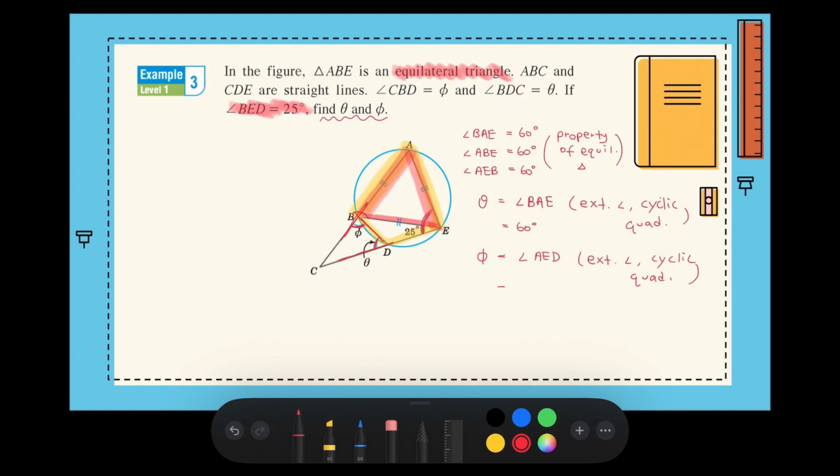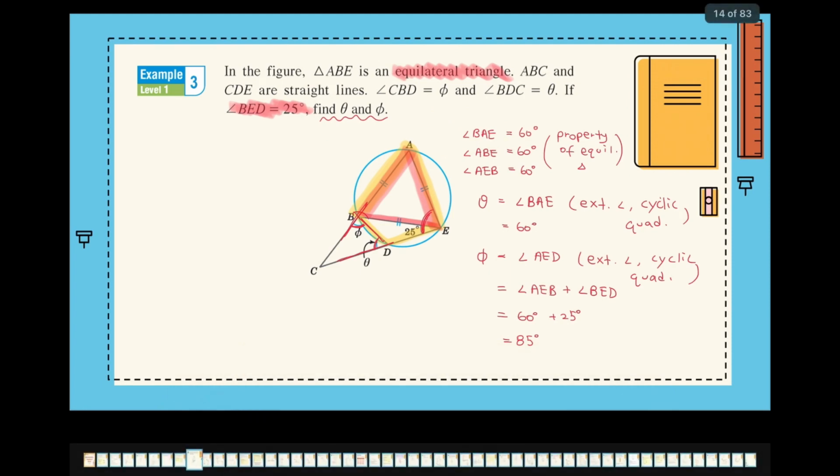AED is this angle, so it is AEB plus angle BED. AEB is 60 degrees because of the equilateral triangle, and this one is 25. Adding together gives you 85 degrees. Let's look at another example together.